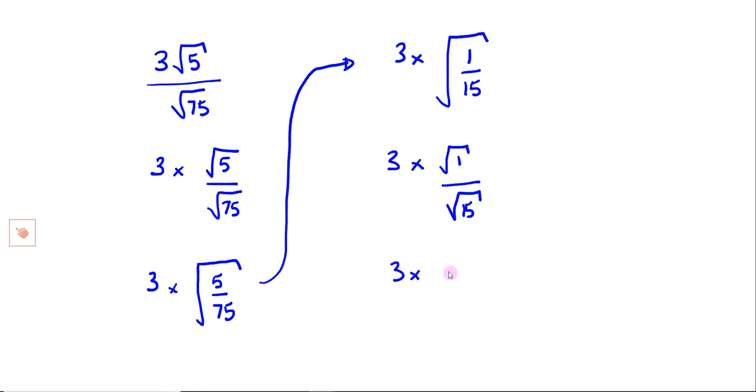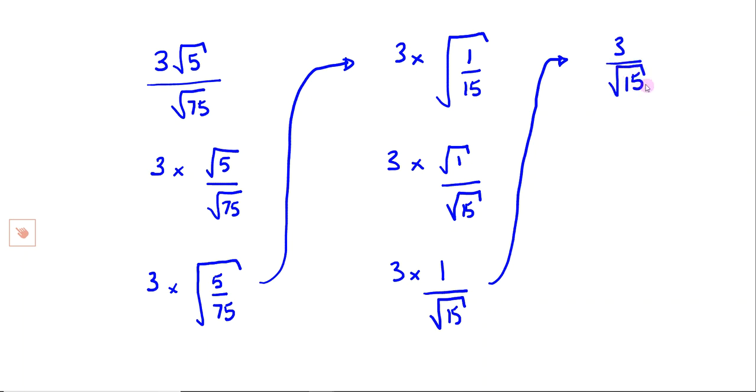And Neil, what's root 1? 1 over root 15, which we know how to multiply a fraction by an integer. What we do is we just multiply the numerator. So we end up with 3 divided by root 15. Okay.